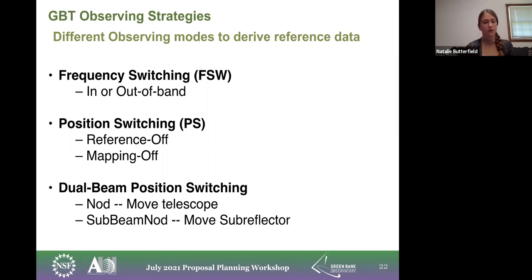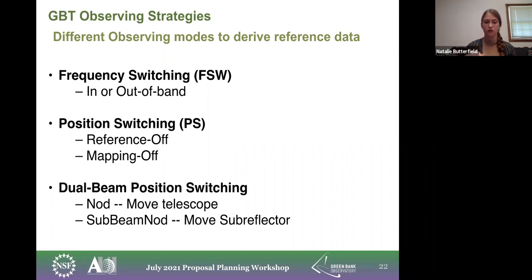And then you have what's known as dual beam position switching, or nodding. This is where you nod between different beams. At the higher frequencies, I mentioned that a lot of those can have two beams. So you'd be nodding either the subreflector or the telescope, moving that signal between your different beams.